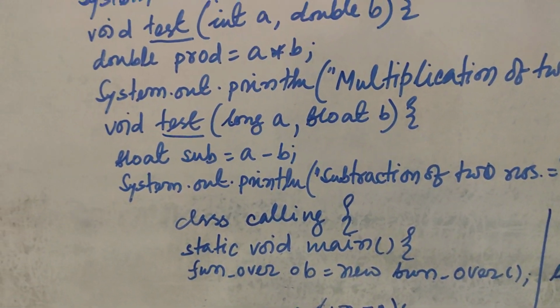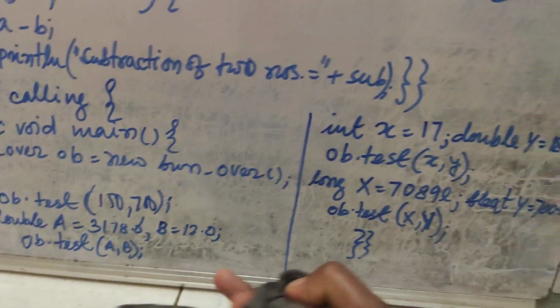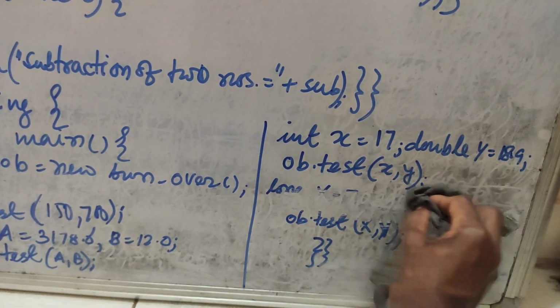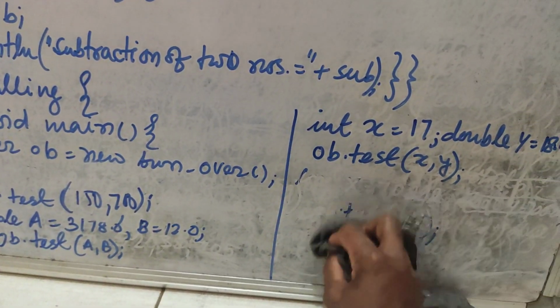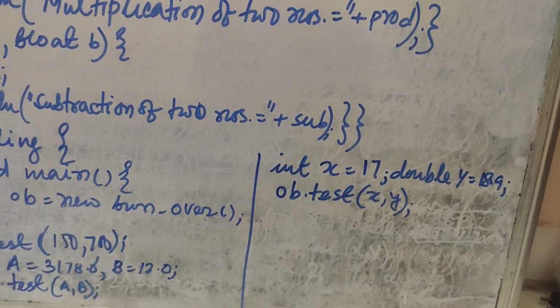Suppose in that case I want to place it directly, where one is long and one is double. How will you write?